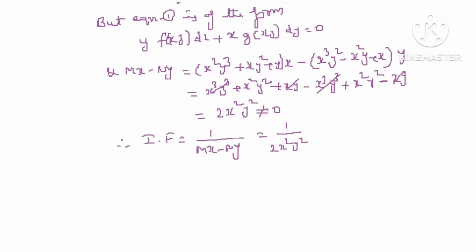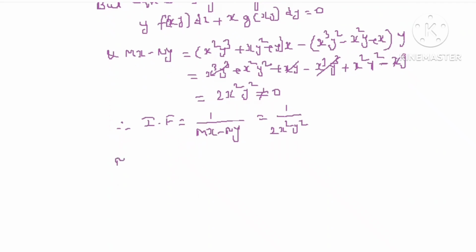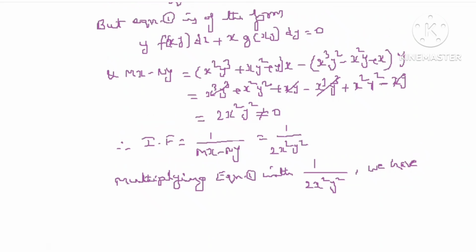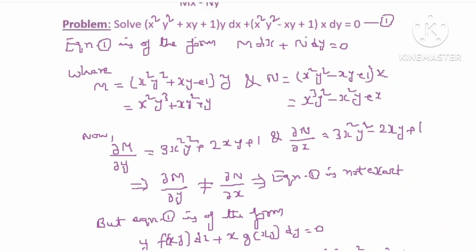So, multiplying equation 1 with the integrating factor 1 by 2x square y square, we have equation 1 is this one, right?